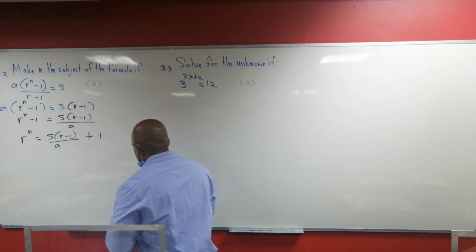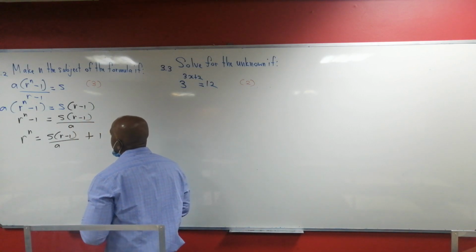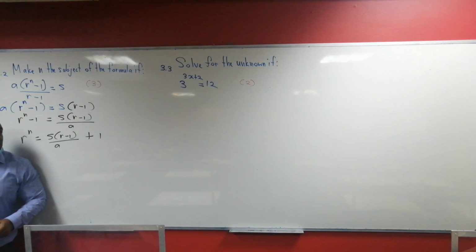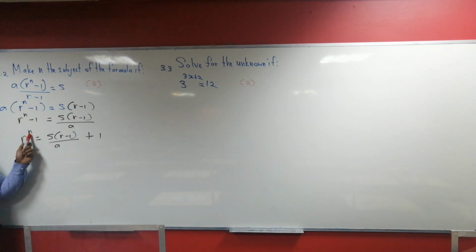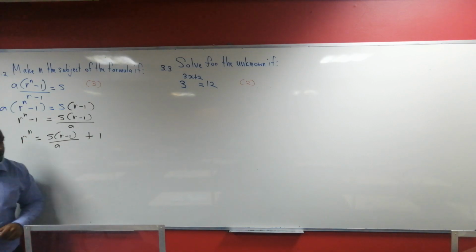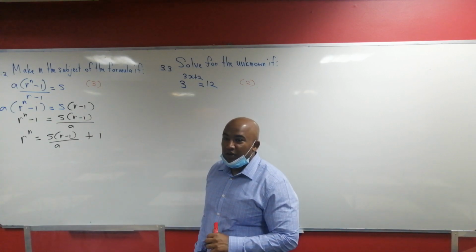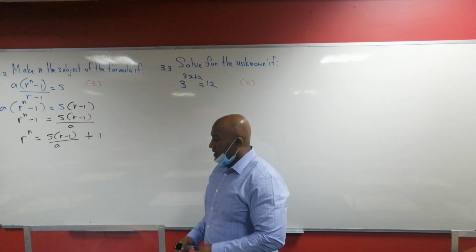So now, in order to access the exponent n, you need to introduce logs or ln on both sides. Why?